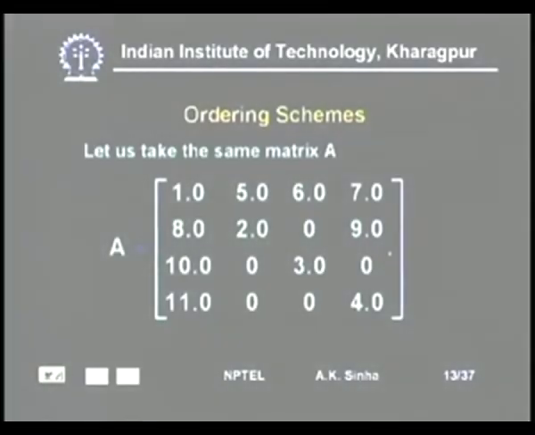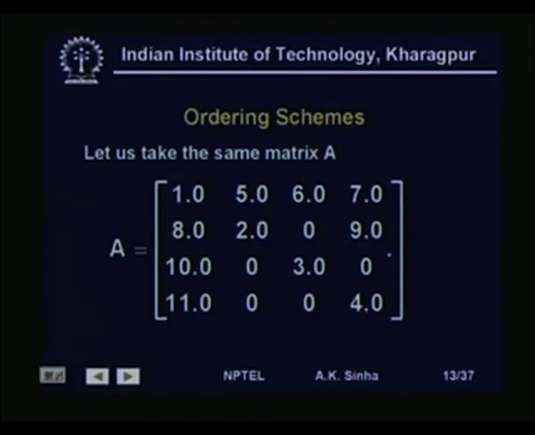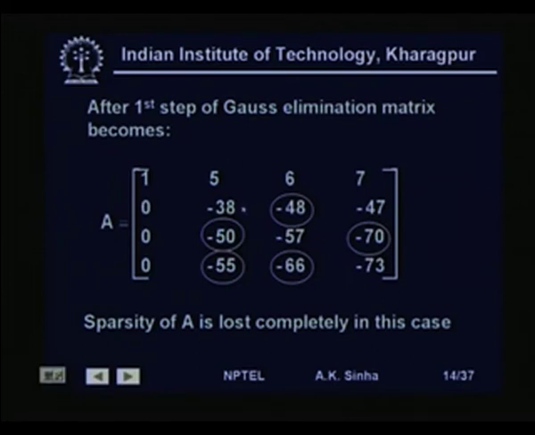Now, let us see what happens if we do the factorization for this kind of matrix. If we take a matrix like this that we have used earlier and try to use the Gauss elimination method for factorizing it, then after the first step of Gauss elimination, that is, reducing all the elements in the first column to zeros, all the elements which were 0 are now getting filled in.